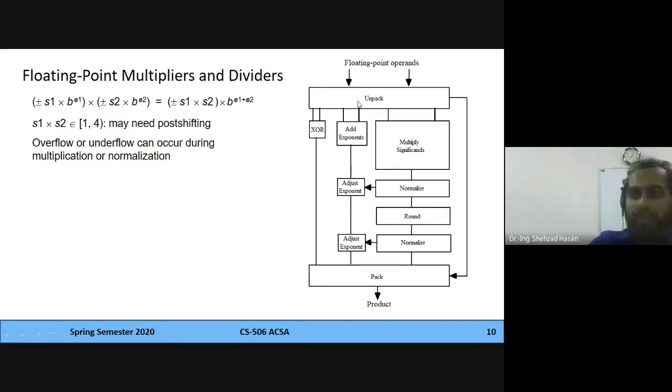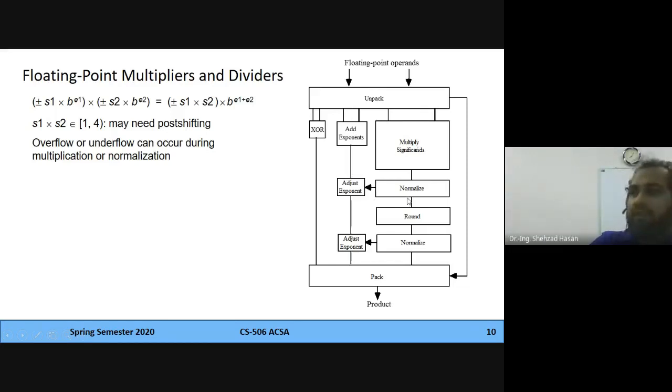Again you're going to unpack the number, and the two signs that you have, just simply XOR them. If both of them are zero, you're going to get the final answer. If both are positive numbers, it gives a positive number. If both are negative numbers, a positive number. If one of them has a different sign, then it would always be a negative number, right? So a simple operation for that is an XOR. Add the exponents, that's the multiplication operation.